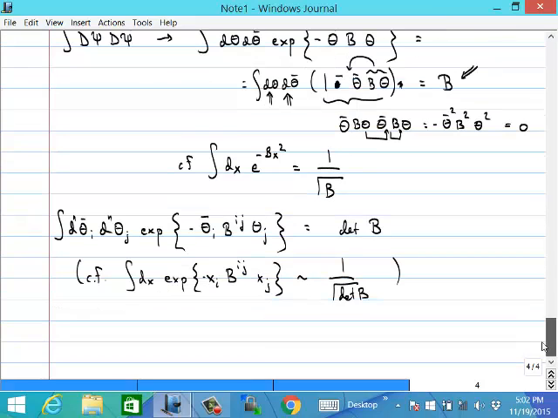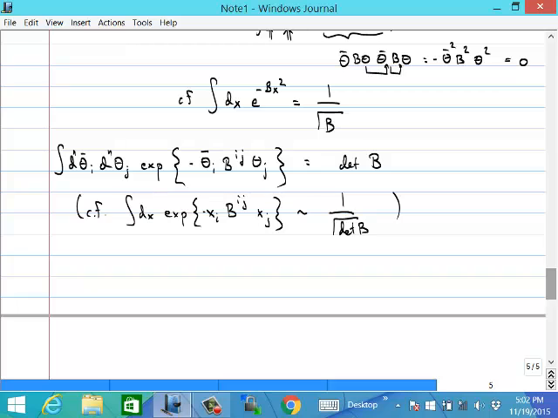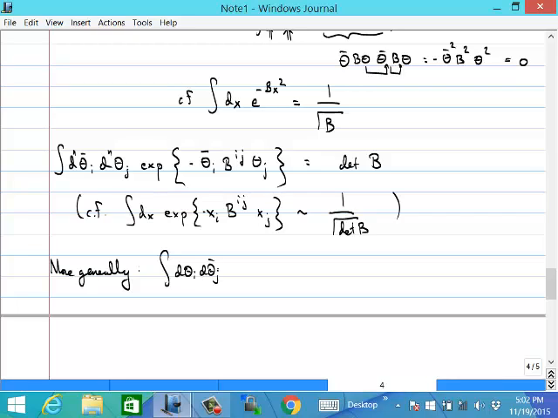And more generally, there's a slightly more sophisticated Gaussian integral that we can do. So I should call that I, where we add a linear term here. So I'll add a general term which is linear in both theta and theta bar.